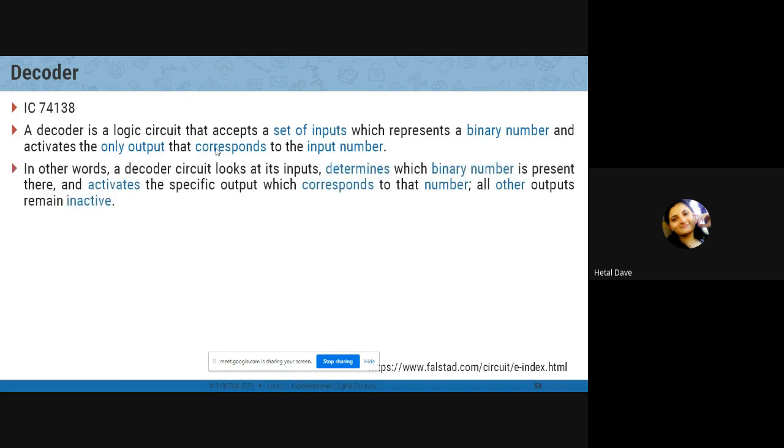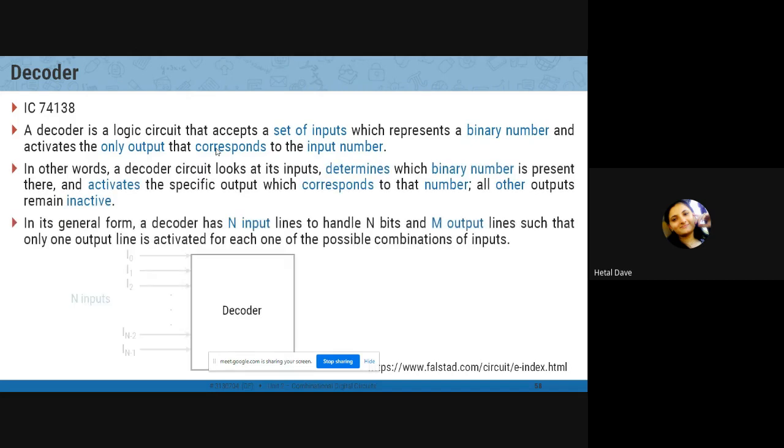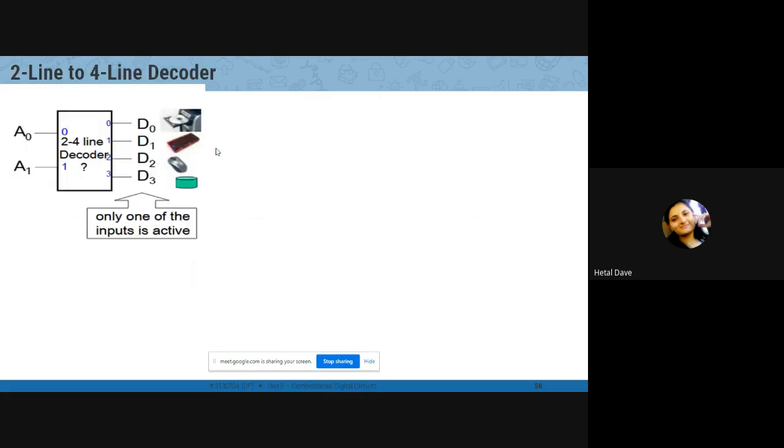Depending on the input, one line will be activated. That is called a decoder. Decoder block diagram: a decoder is a circuit which has n number of inputs and can generate m number of outputs, where m is equal to 2 raised to n. Is there any doubt in this block diagram? 2 cross 4, 3 cross 8, 4 cross 16, this kind of decoder is available.